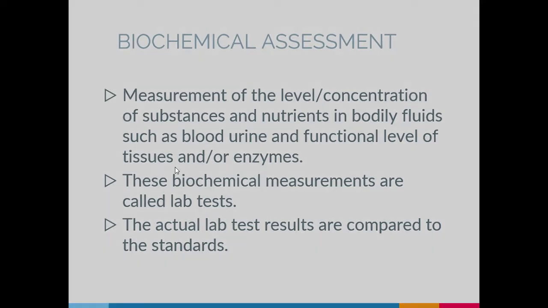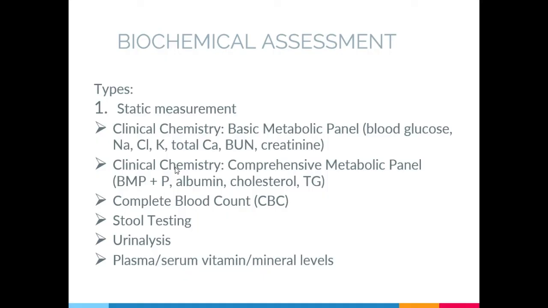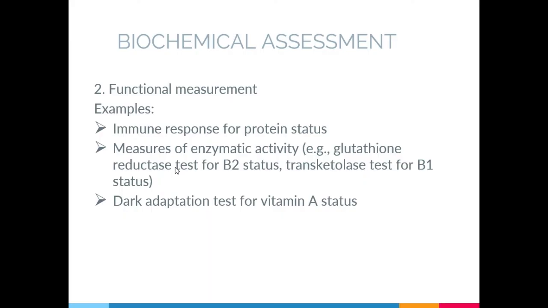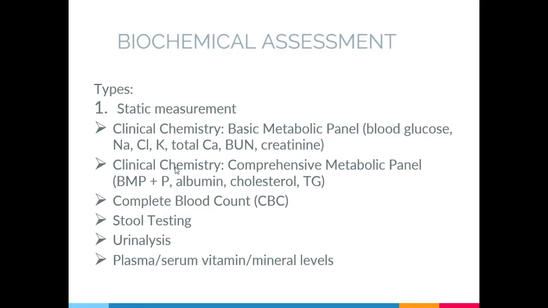Okay? We have two general types of biochemical assessment. We have static and functional. So, for static measurement, we analyze no the results of the basic metabolic panel, and the basic metabolic panel includes the blood glucose, blood sodium, chloride, potassium, total calcium, BUN, and creatinine.